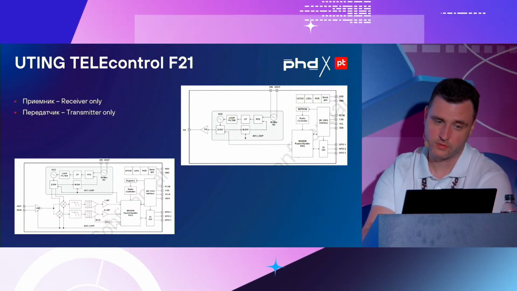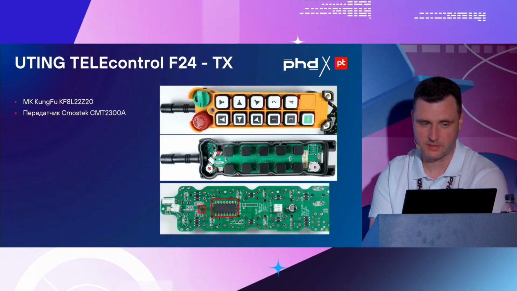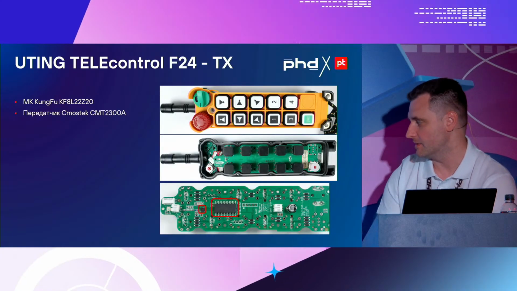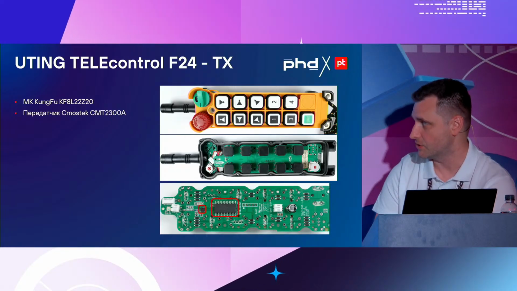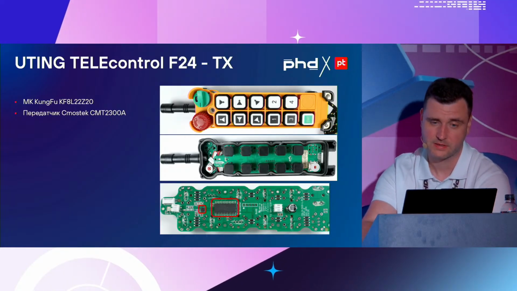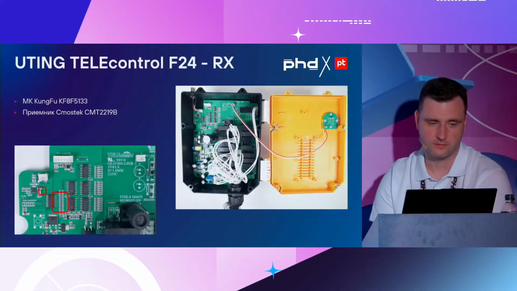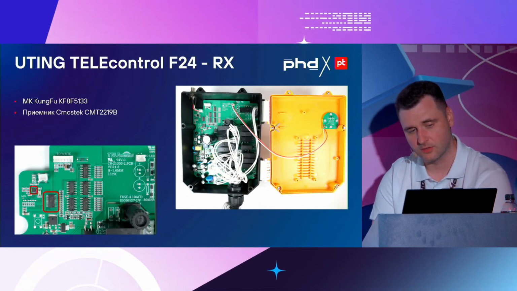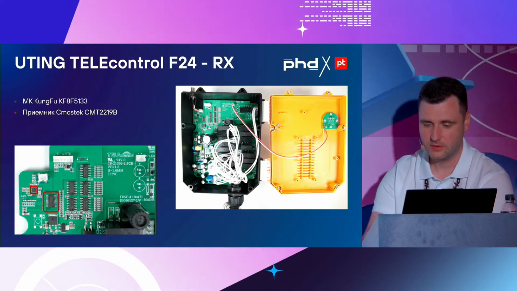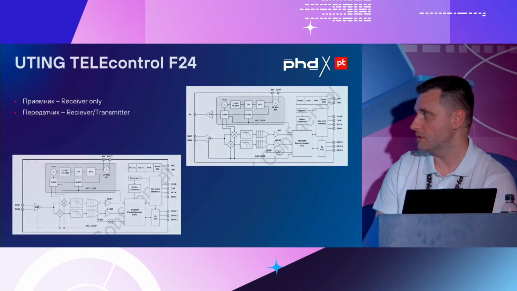But remember, we decided to look at the 24th series, so it is just a clone, the same number of elements. The only thing is that the transmitter is of a senior series, Quasnek one. But in terms of the receiver, it is the same. So the microcontroller is the same and the receiver is the same.